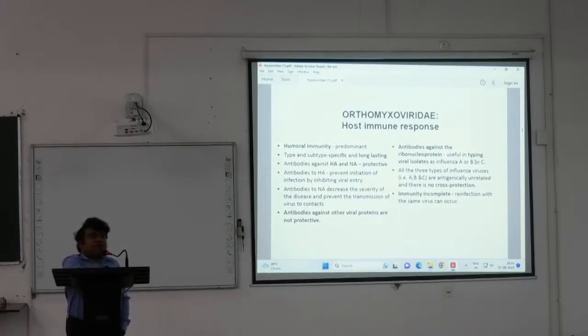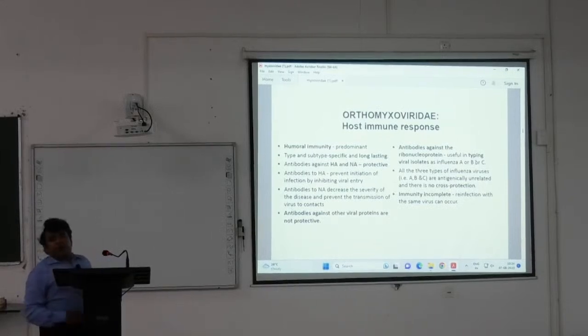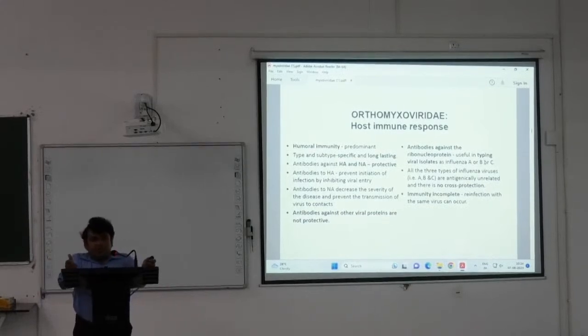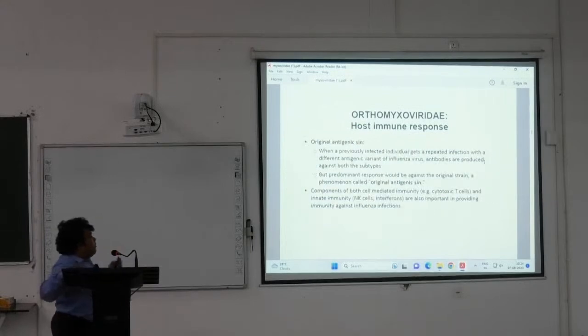That means the virus can enter the body but cannot cause the disease. Understood? Obviously, because the infection occurs in the respiratory epithelium, local immunity is more important than humoral immunity. Understood? Fine.